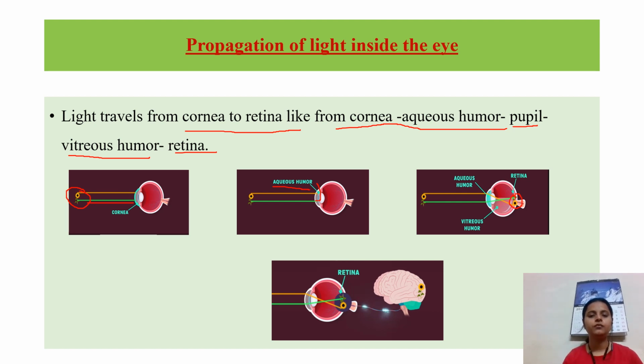It was inverted at the retina, but in the brain it is in the correct position. This is how light propagates inside the human eye, and how visual information is transmitted from the retina to the brain. I hope this is clear to you all. Shall I move on? Now let's move further and see what is next.